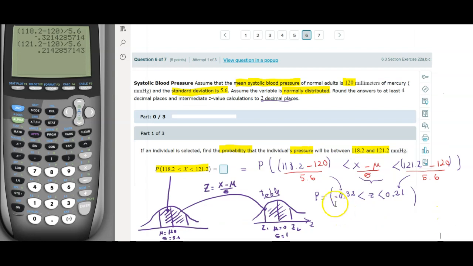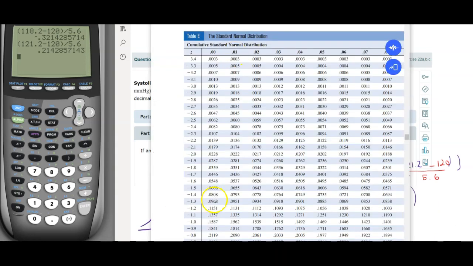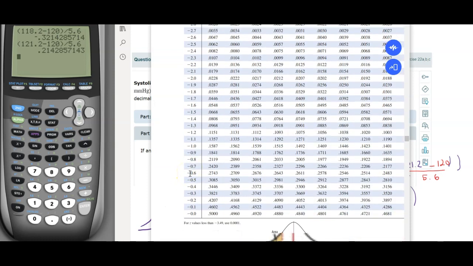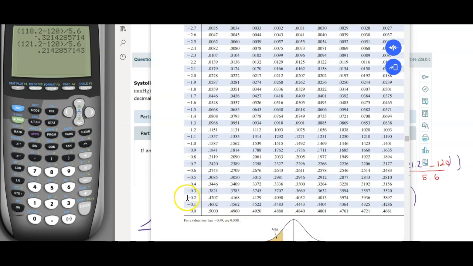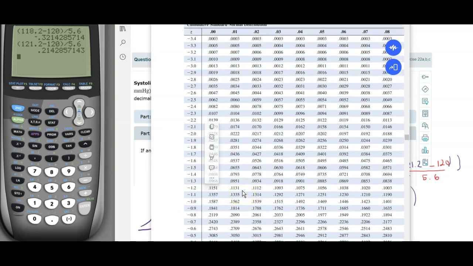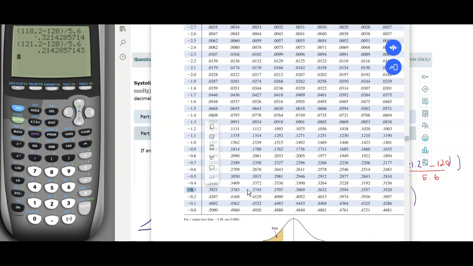For minus 0.32, go to minus 0.3 right here, and 2, which should be the third column. So this is going to be 0.3745.